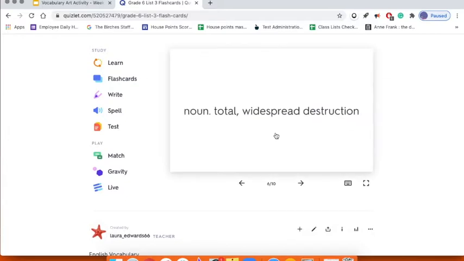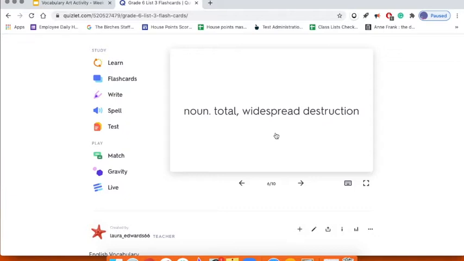Devastation is a noun, and it is total widespread destruction. You can experience devastation, or something can cause devastation, so it's an object.